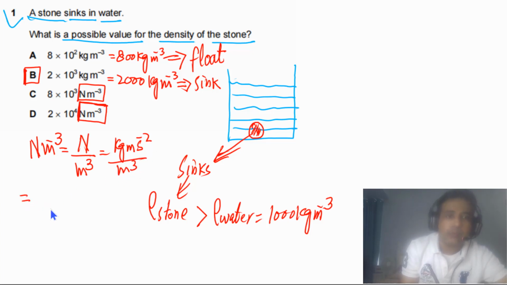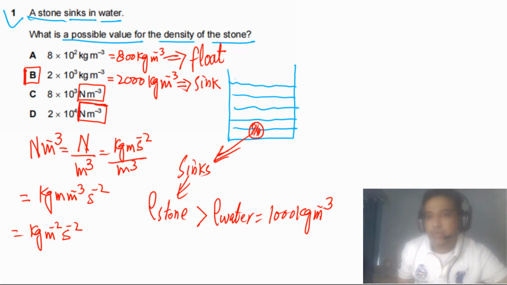So if we simplify this one, we can write down kgs. We have meter here, so this is m to the power of -3 and s to the power of -2. So we can write down this is kgs, m to the power of -2, s to the power of -2.